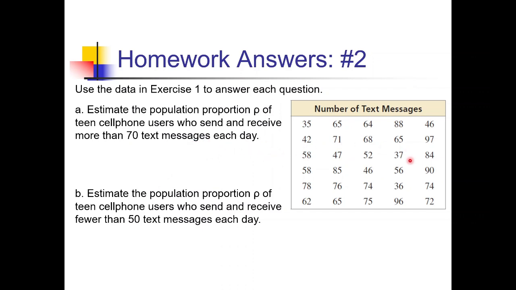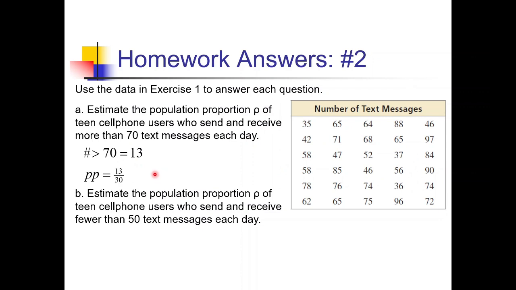We're just going to count the number of these that are more than 70. So go column by column here. So we've got 1, 2, 3, 4, 5, 6, 7, 8, 9, 10, 11, 12, 13. Had a lot in that last column. So 13 that are more than 70.